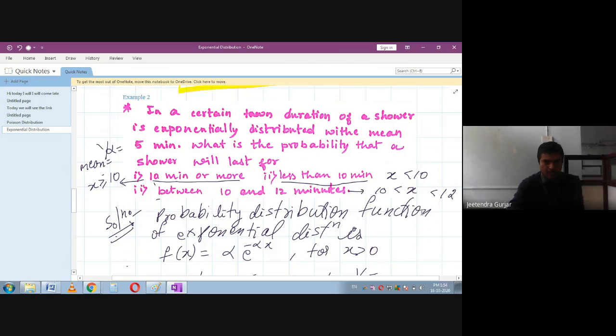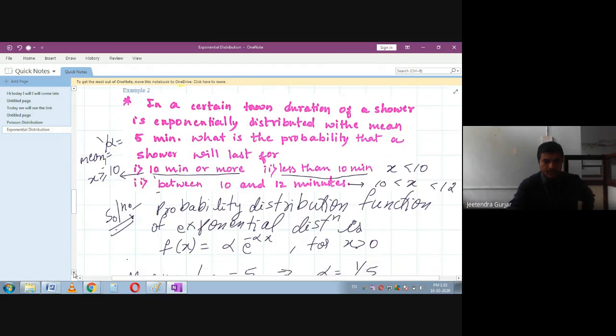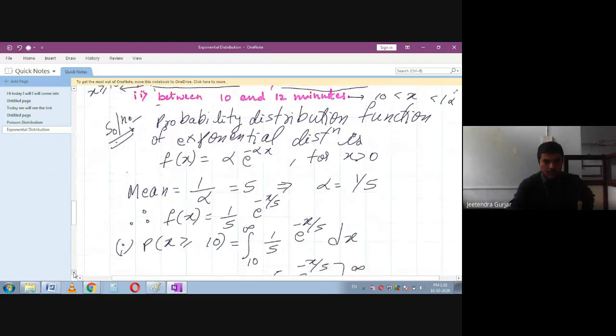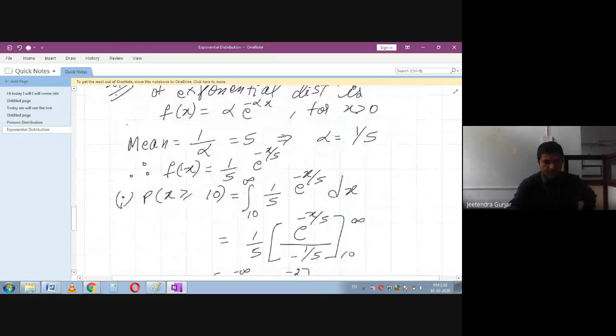Then the probability distribution function of the exponential distribution is f of x equal to alpha e raised to minus alpha x for x greater than 0. I already told you how to find the mean. Substitute in the function the alpha value, alpha is equal to 1 upon 5, we get this.